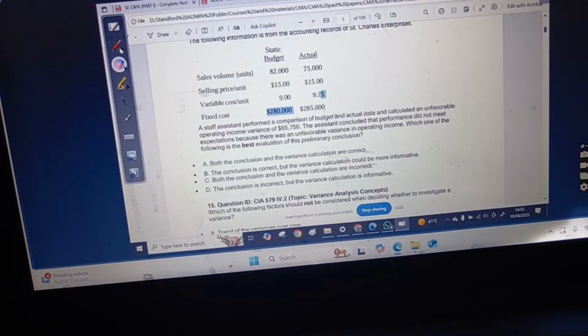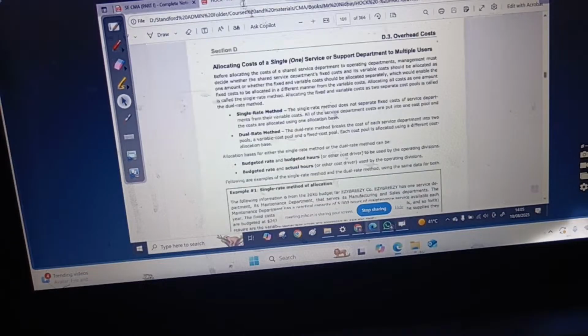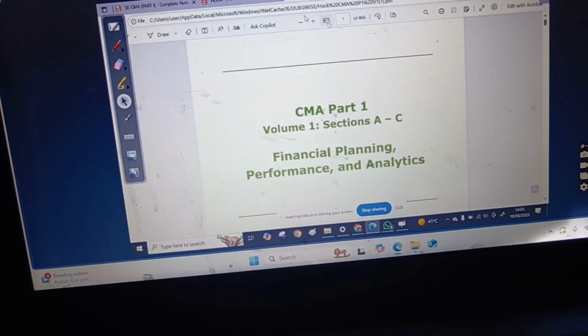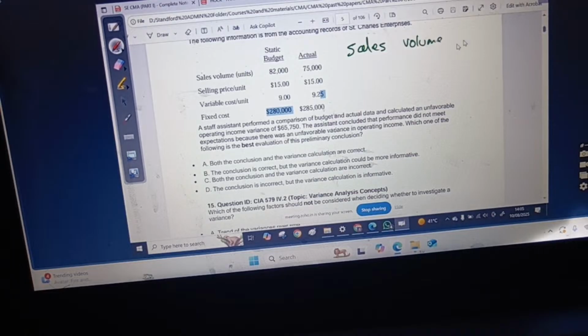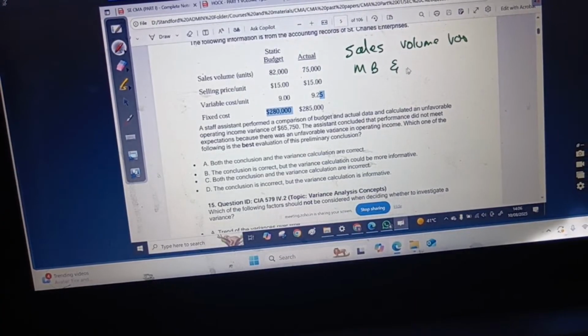Coming to the next topic, this is level 1. What we discussed right now was level 1 variance. When the question is about sales volume variance, you compare between master budget and flexible budget.